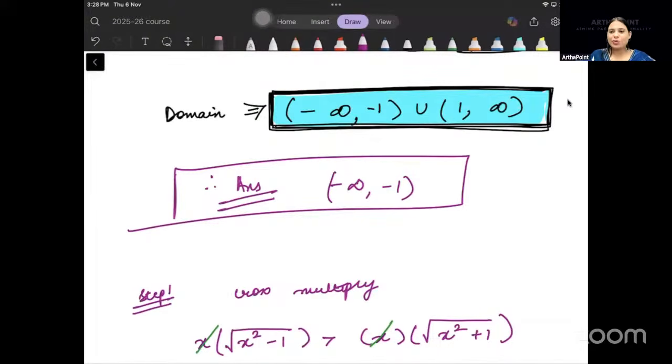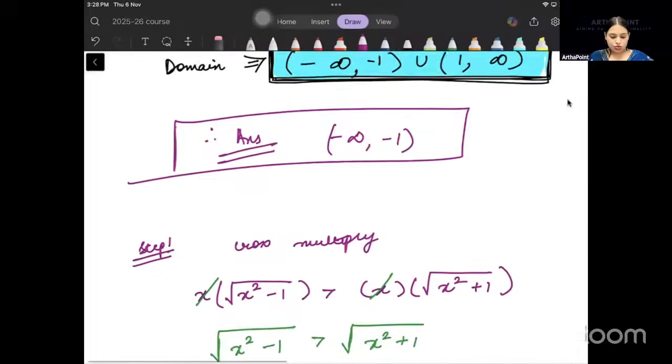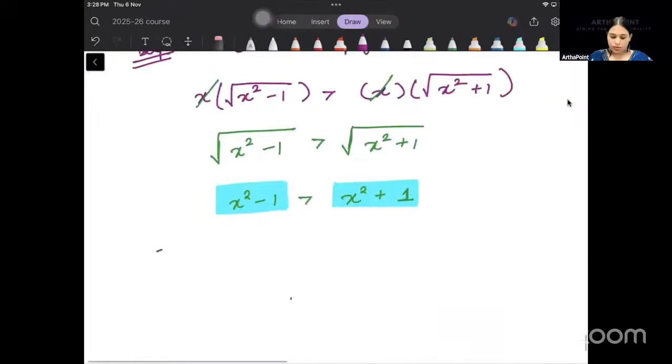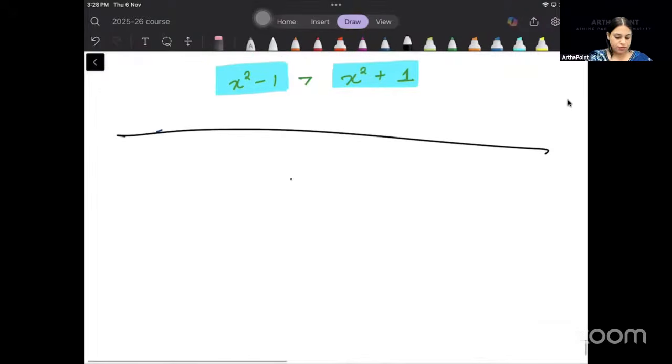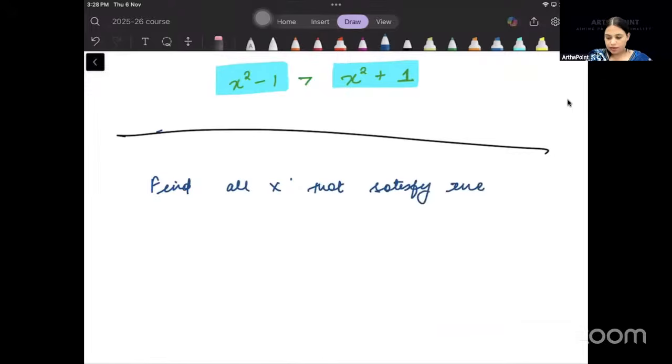Okay, we'll take one more. Next question, beta. Write this down. So the question is the following. Find all x that satisfy the following inequalities.